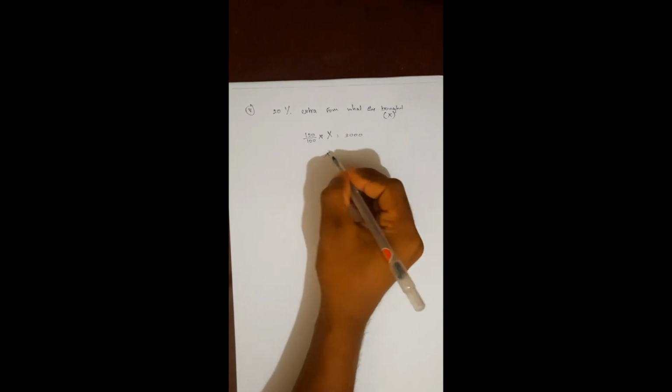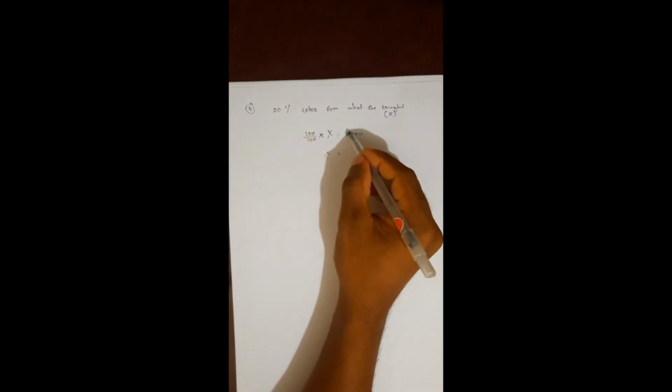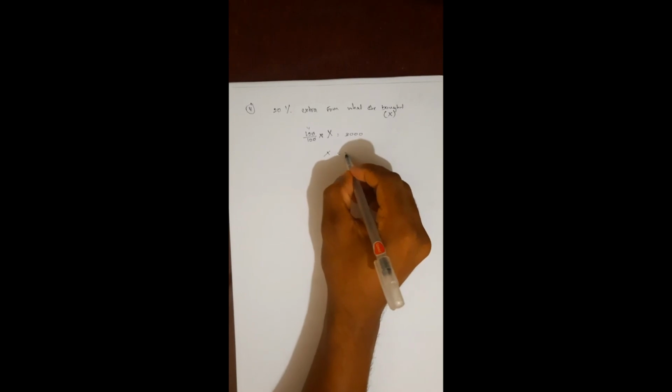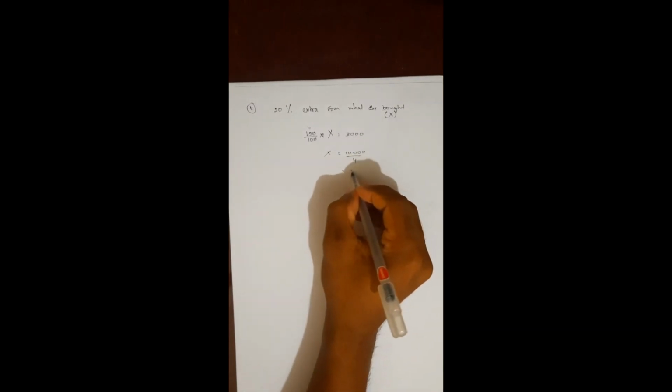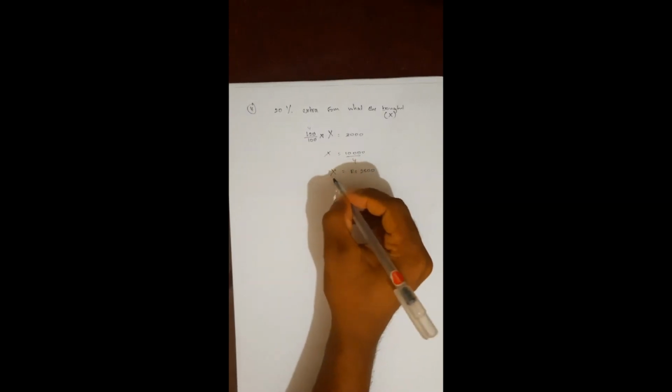So now we have to find the X. So we can cut these two, this 12 with this 3, here it would be 4. So that would be 10,000 divided by 4. That is equal to rupees 2500. X. She has bought the 400 mangoes for 2500 and sold it for 3000.